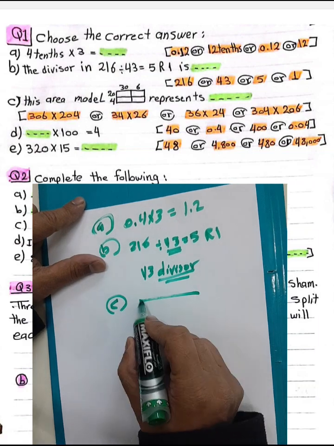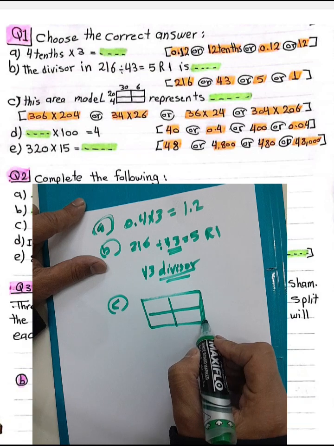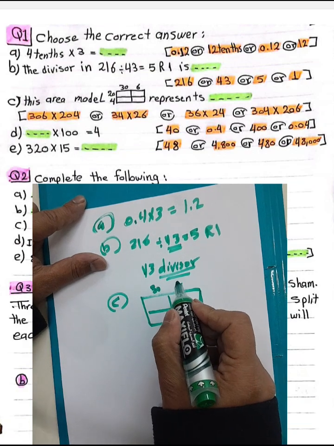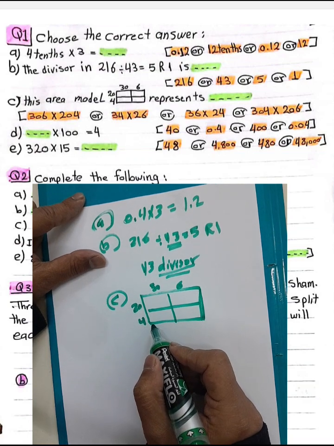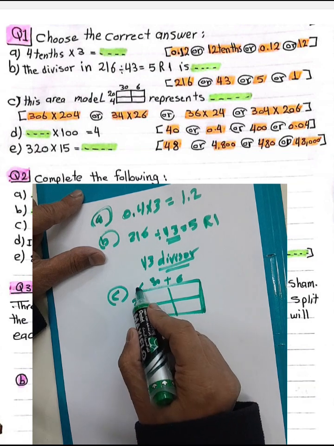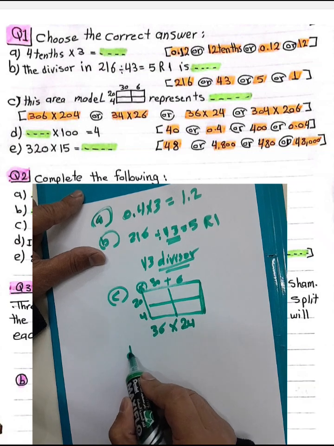We have here the table divided into 4 parts. Right here 30 and 6, 20 and 4. We have 30 plus 6, it will be 36. Multiplication by 20 plus 4, it will be 24.